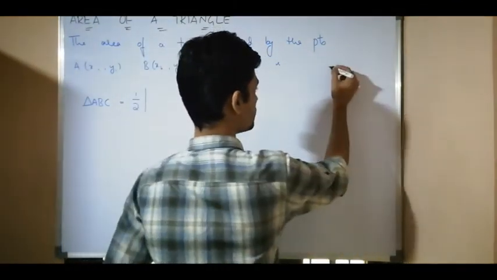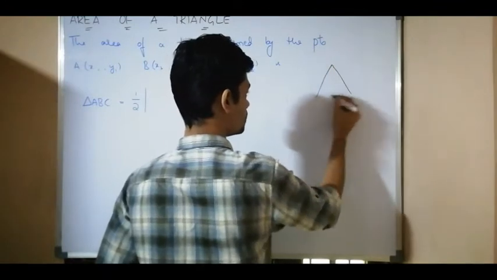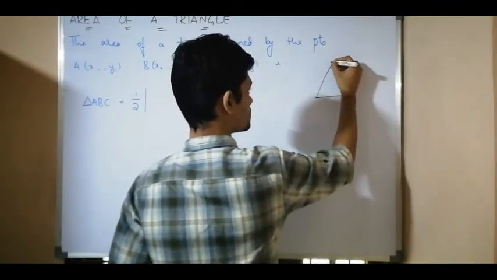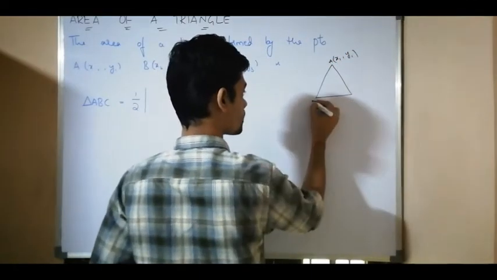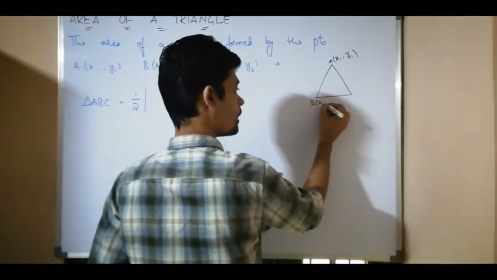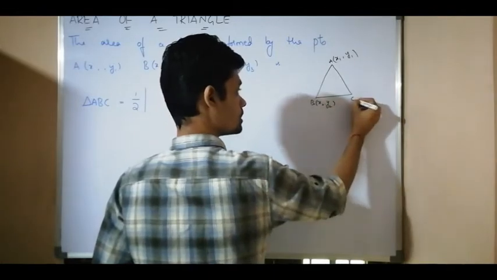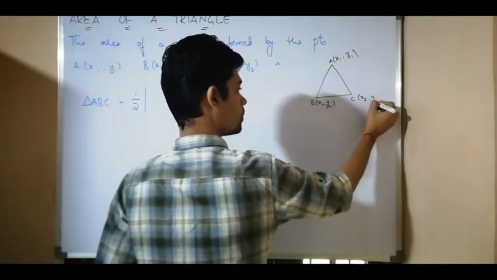the given triangle whose vertices are this one. This is a triangle. This is a point A, x1 y1, B x2 y2, C x3 y3.